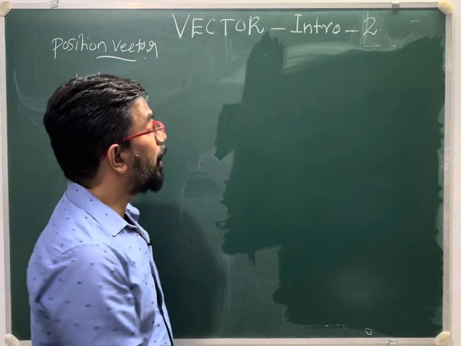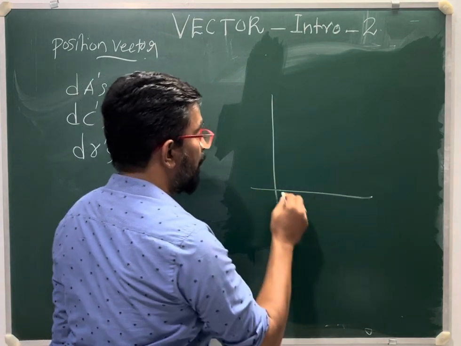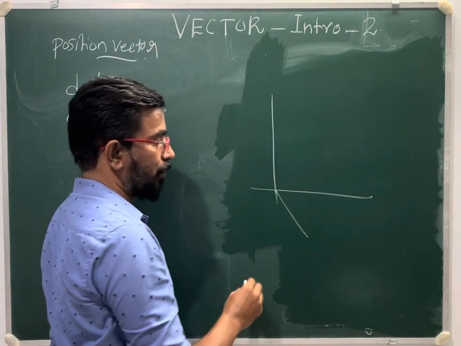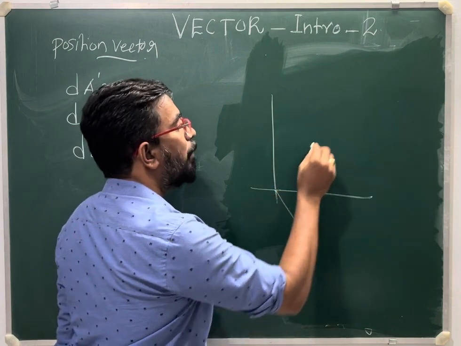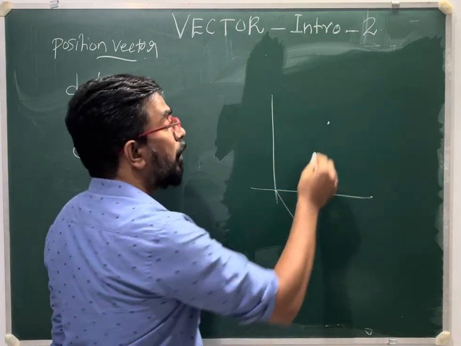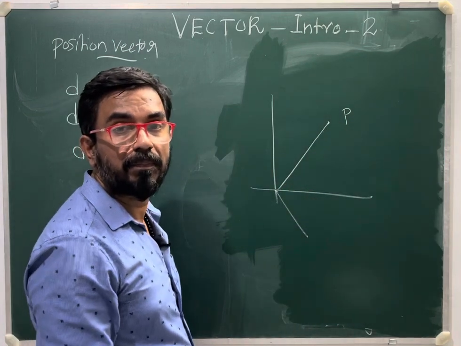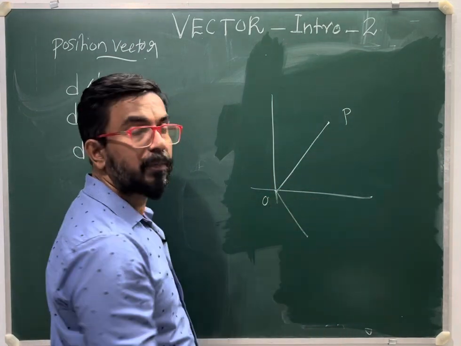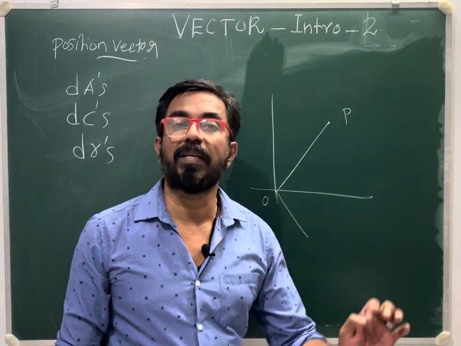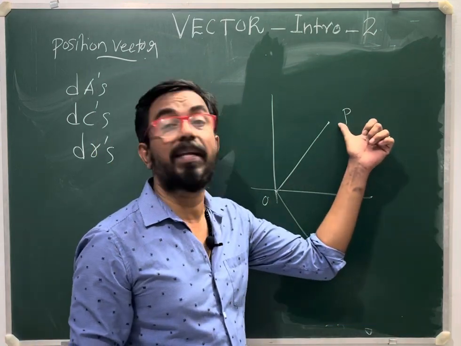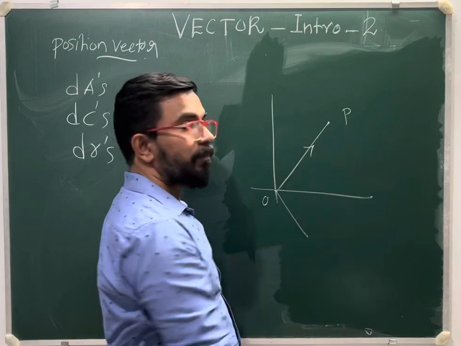Children, you take the XYZ axis, the Z axis also. You consider a point here, maybe P. Now I consider the vector OP. OP is a vector that starts from origin and ends in the point P.